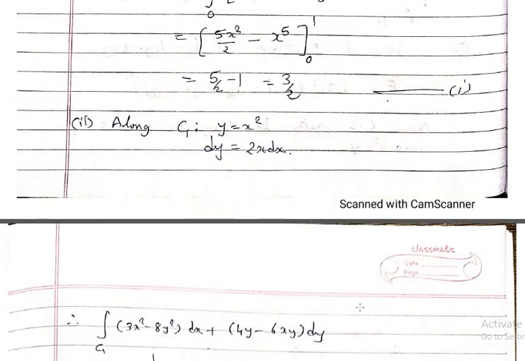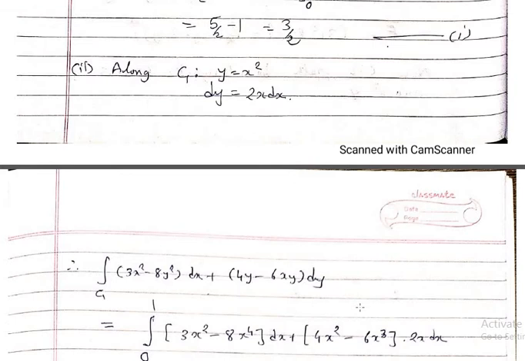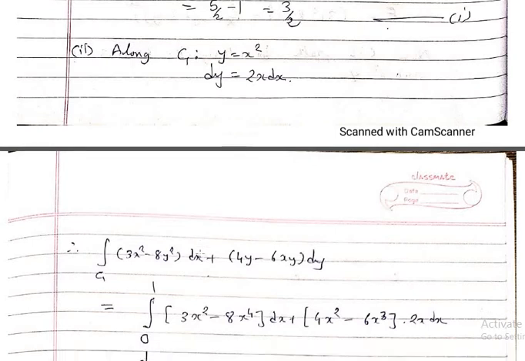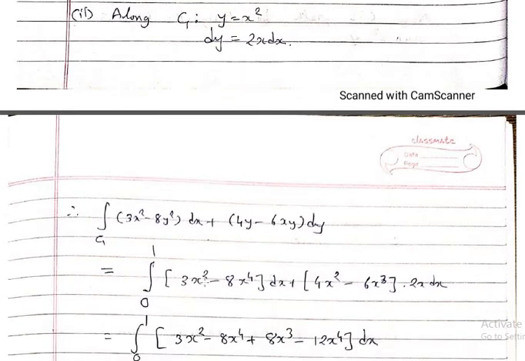Now for right hand side, you have to take the integration along the curve y is equal to x square. Y is equal to x square, that means dy is equal to 2x dx. If you are going to put this value in your line integration, then instead of y you are putting x square. So that will give you y square is equal to x raised to 4.